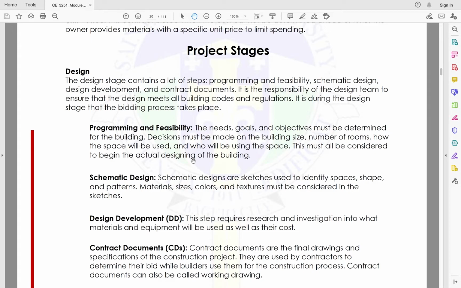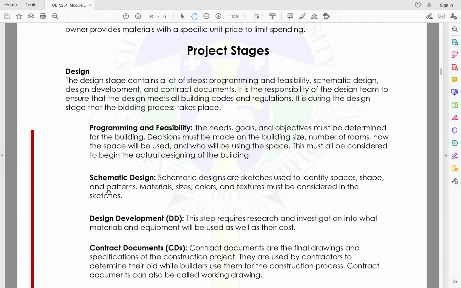So somehow, meron na siyang idea na i-coordinate niya kay architect. Now, if it is a building, of course, again, we need to have the consultation from the architect. Okay? So, ano ba yung function? Gaano karaming rooms? Okay? Gaano kalaki yung building? Yan. So, that needs to be considered, of course.